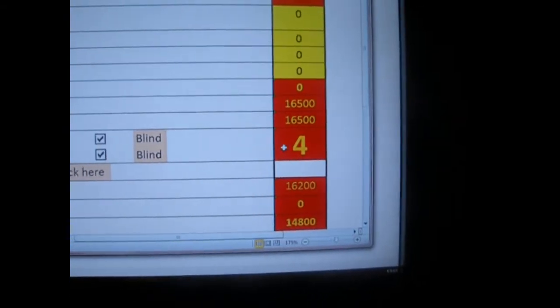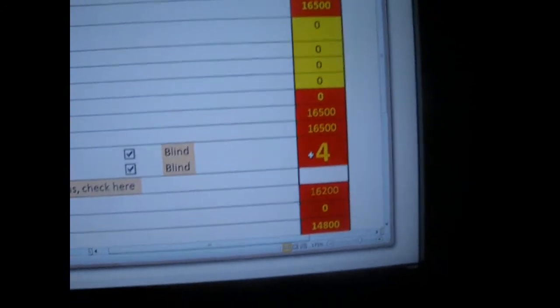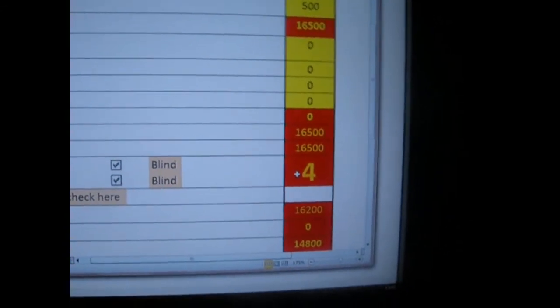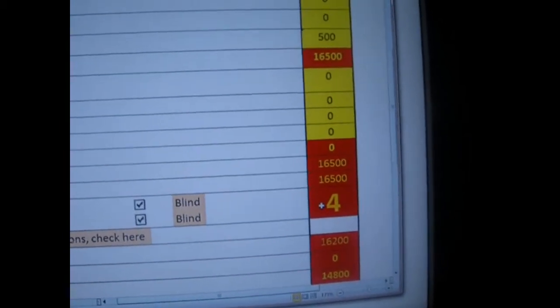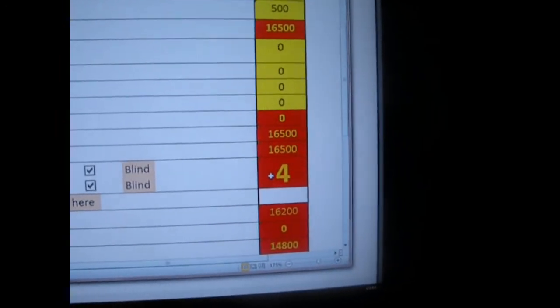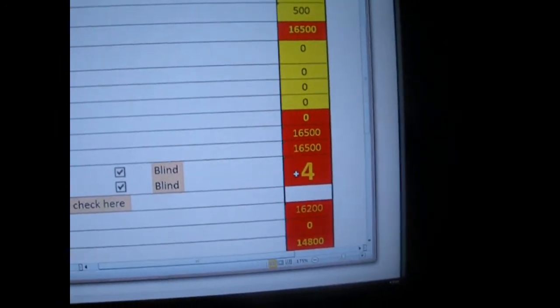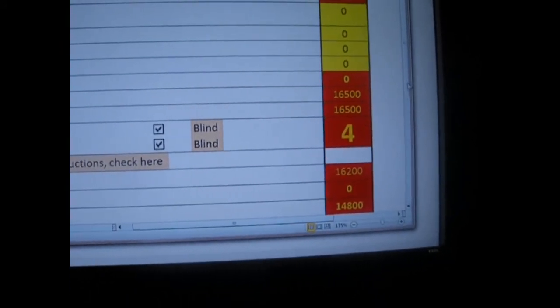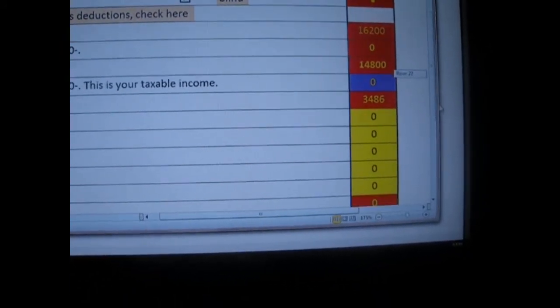Now you have 4 here. Now it's very important that those boxes are checked because the deduction for these individuals is going to be different from a person who was not born before January 2nd, 1947 and is not blind. Our standard deductions are different from those people who are seniors and blind. Okay, so now that they have those, let's go down here and see what happened.